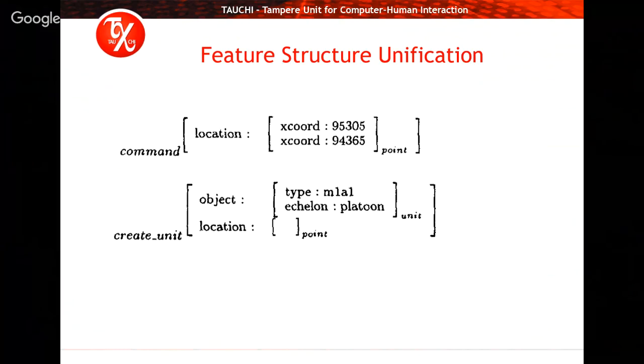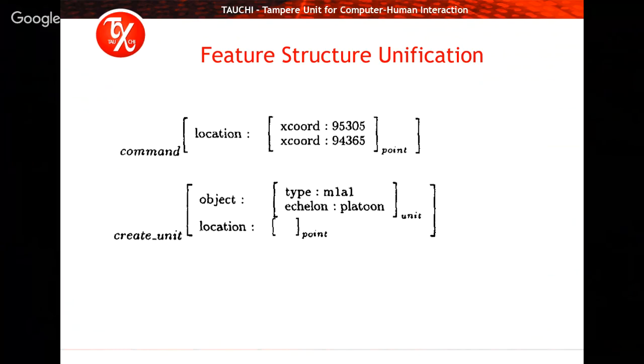At the same time, the user clicked on these particular coordinates. So from there, we get this generic command feature structure, which contains location, and it has the data here. And so we have location here with type point, and the feature structure create unit contains location with point of type point, and that's empty.